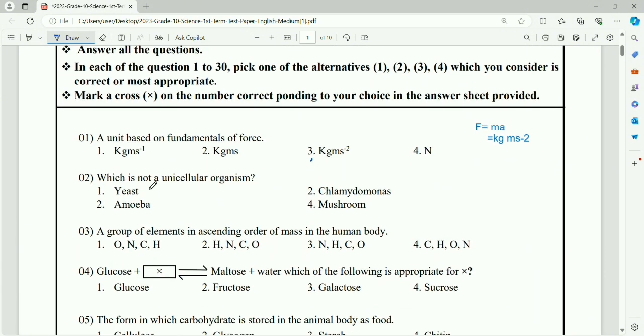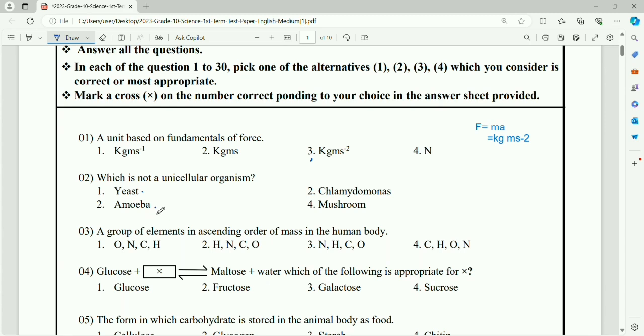Which is not a unicellular organism? Yeast is a fungus, a unicellular organism. All bacteria and all protozoa come under the unicellular organisms. But others might be unicellular or multicellular.